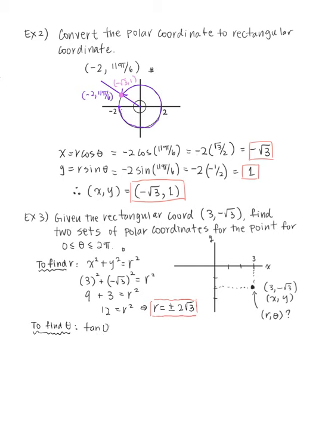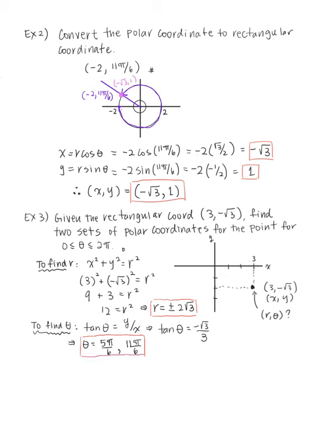So tangent of theta equals y over x, which is negative square root of 3 over 3. Now we take the arctangent on both sides to get theta equals arctan of negative square root of 3 over 3. Our theta value is going to be, one of them should be 5 pi over 6, and then 11 pi over 6. Let me just box this.